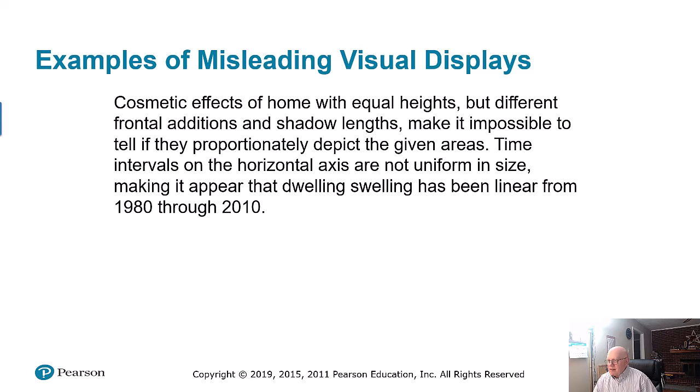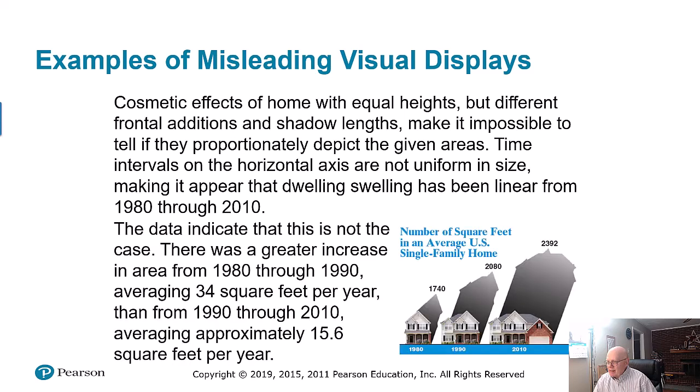Cosmetic effects can make things a little bit strange. So, for example, this data doesn't get represented properly here because even though you're going from 80 to 90 to 210, this goes by 10 years, this goes by 20 years.